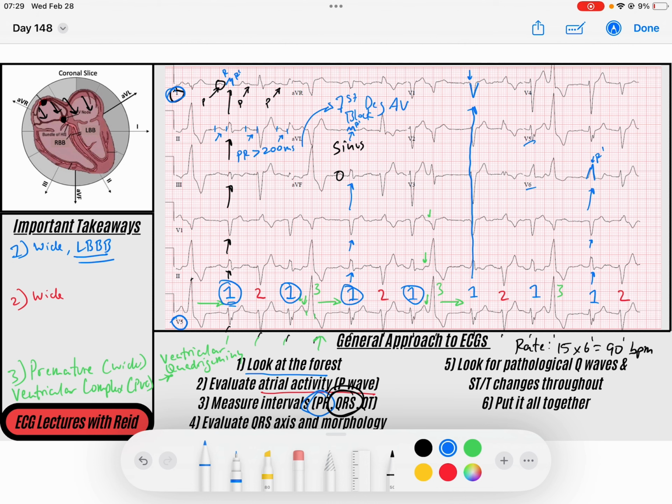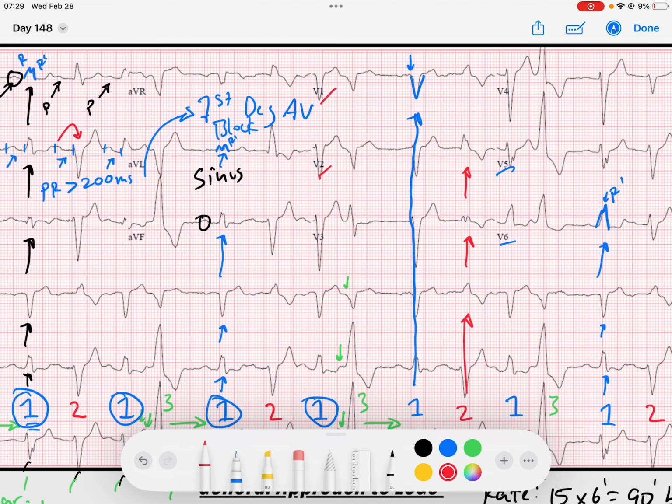And so then what happens at beat 2? Because beat 2 does not look the same, right? But we think that beat 2 is caused by a P wave that conducts to that QRS. And so I'm looking for maybe another bundle branch block of some sort. Interestingly enough, if you follow beat 2 up this way, you can see that in leads V1 and V2 we have an R, R prime.